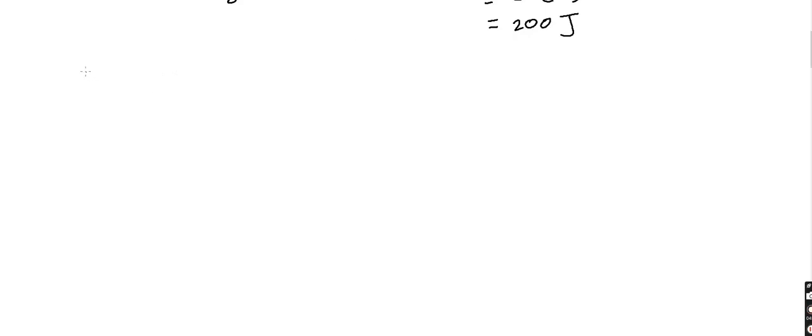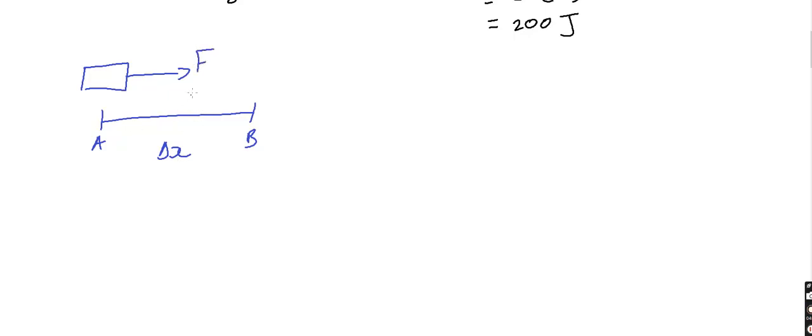Now, I may be able to move an object along the path A to B, which is given by displacement delta x, by applying a force F. Now, I want us to notice something. Displacement is a vector. The direction of our displacement is from A to B. In other words, it's to the right. Even this force F is applied in the same direction as the direction of displacement.